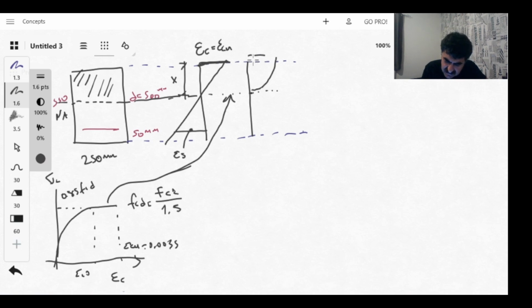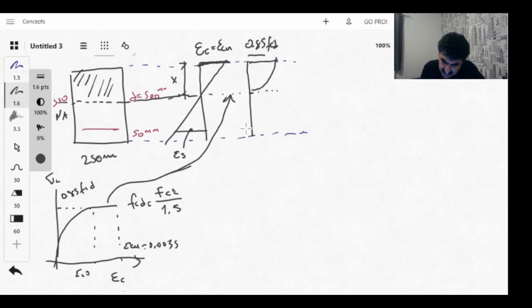So this value will be 0.85 fcd. But this is a second degree parabola, so it will be difficult to calculate the area of this parabola. Basically, we are going to calculate the forces.